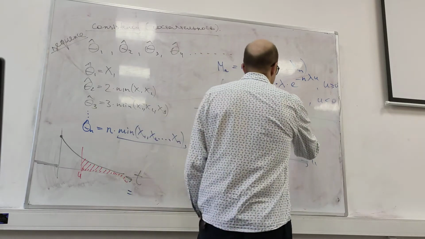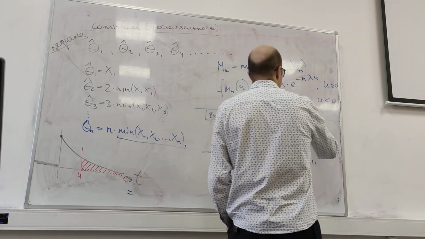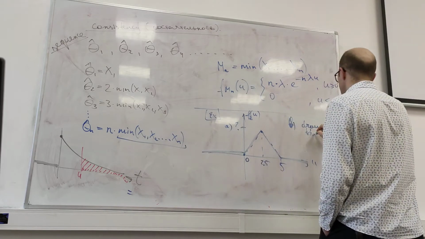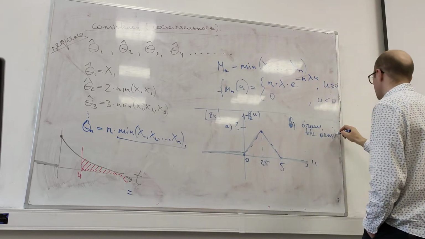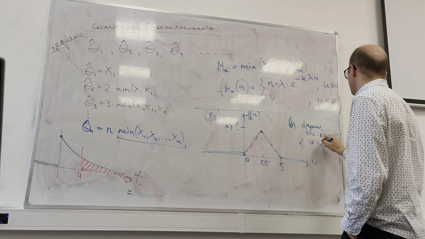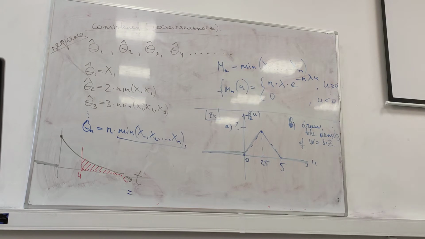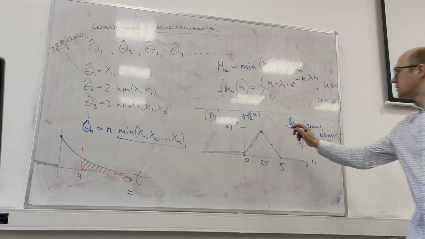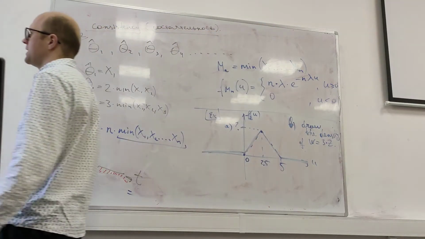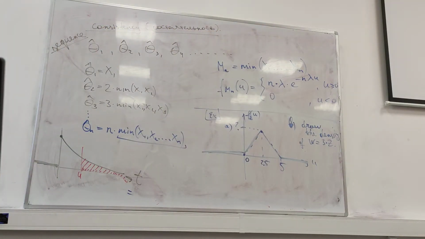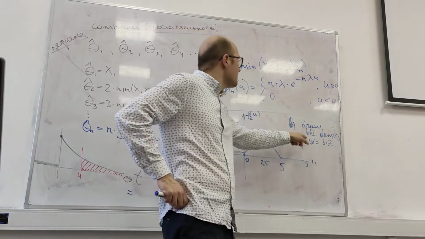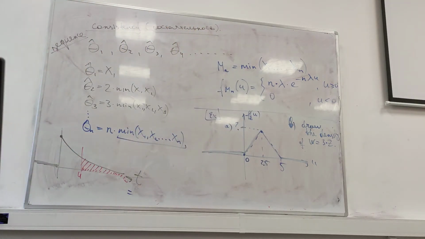And the second question, B, draw the density of W that is equal to 3 times Z. So how does the density function change when you multiply the random variable by a constant?